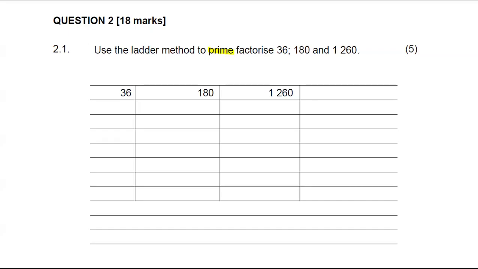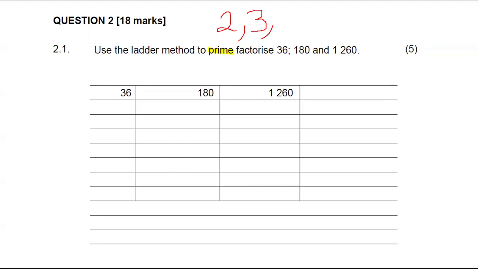Give me an example of these prime numbers. It is 2, 3, 4. No, 4 has multiple factors, so it's not a prime number.